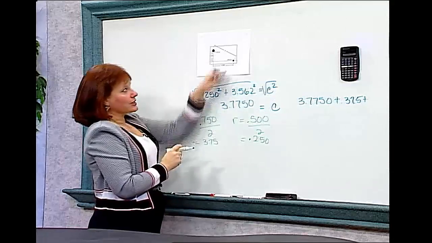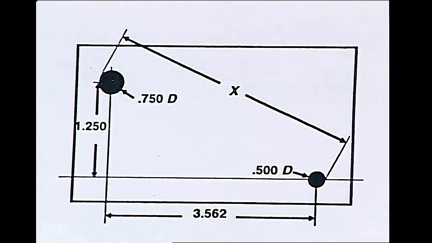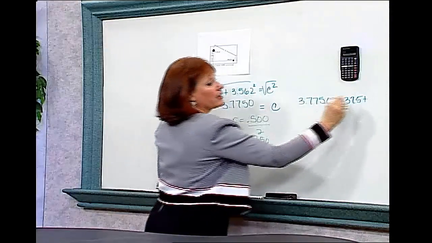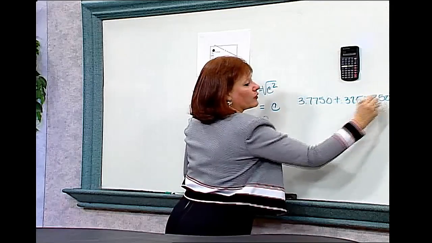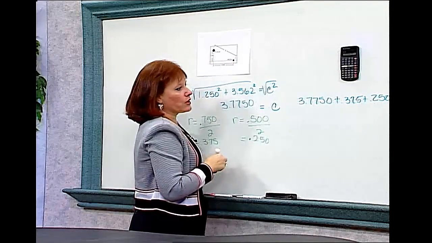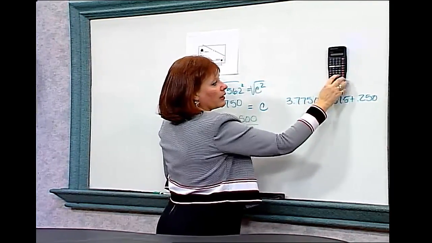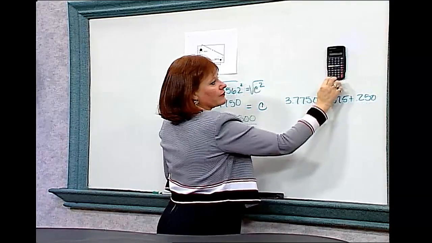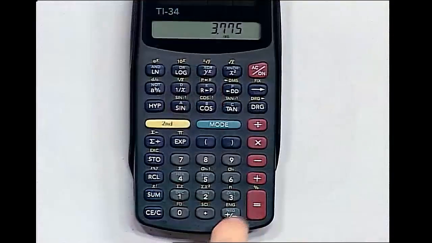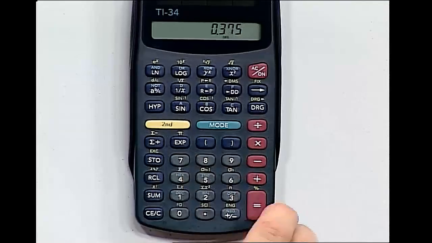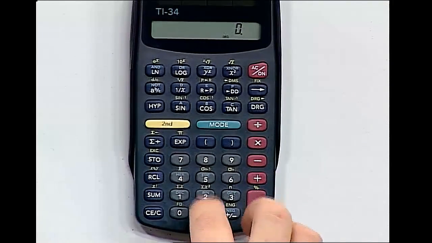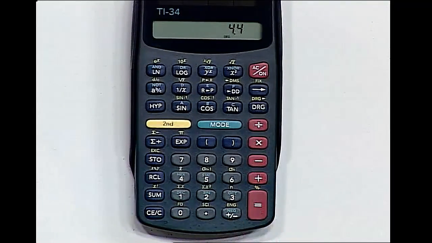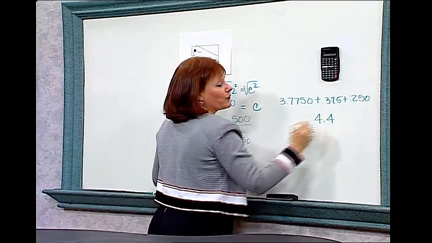And I need to add the distance from the center of the bottom hole to the outer edge, which is 0.250. I'll let my calculator do the work on this sum: 3.7750 plus 0.375 plus 0.250. So the distance is 4.4.